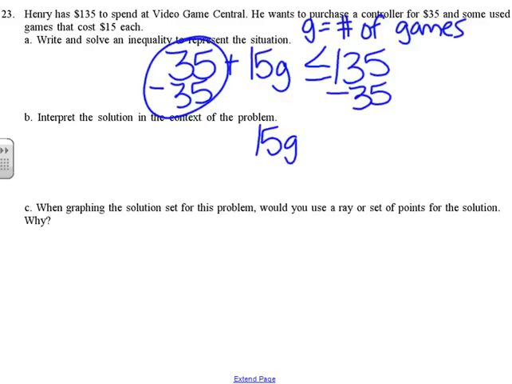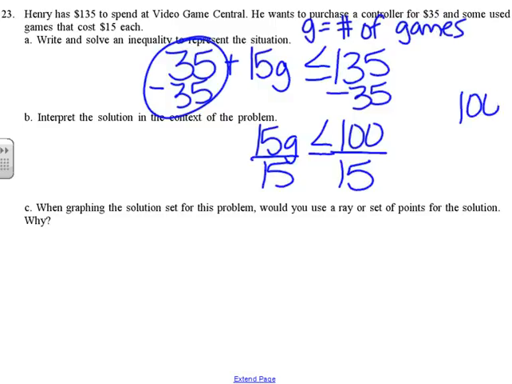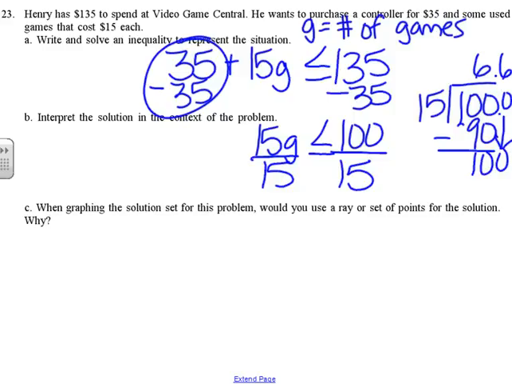So we get 15G is less than or equal to 100. So 100 divided by 15. Okay, and we're going to get a repeating decimal. So our mathematical solution is G is less than or equal to 6.6 repeating.